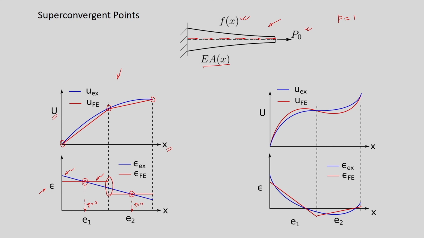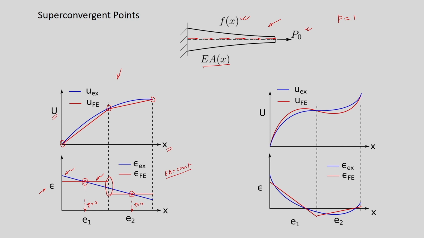But this is the case we are discussing where Ea is constant. When Ea is not constant, they will not be exact, but they will be very close. Moreover, it has been shown that as we continue to do refinement, at these points the finite element solution converges at a rapid rate, or it converges at a rate which is similar to that of the displacement.